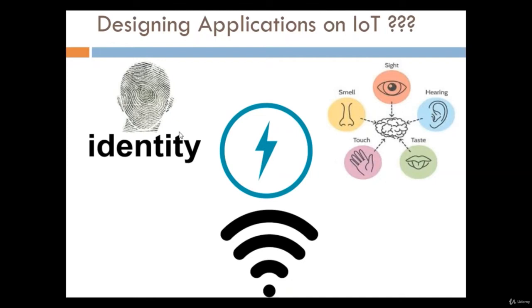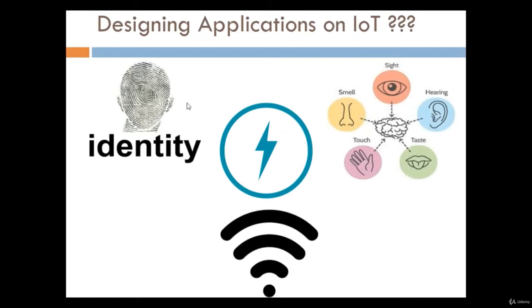And if you want to interact with that particular thing, then you can use this identity. So the identity is nothing but a name that you give to that device, and that creates a person-to-person approach, where you are able to talk with that device, and the device will give the response to you in that way.